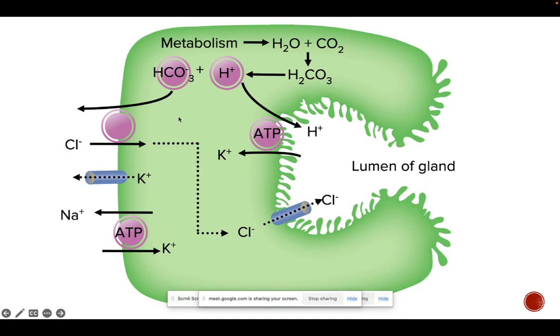The bicarbonate ion, with the help of the bicarbonate chloride co-transporter, goes into the circulation, while the chloride ion comes into the cell and then, with the help of chloride channels, into the lumen of the gland. And the hydrogen ion, with the help of hydrogen potassium ATPase, that is the proton pump, goes into the lumen of the gland and binds with the chloride ions to form HCl.